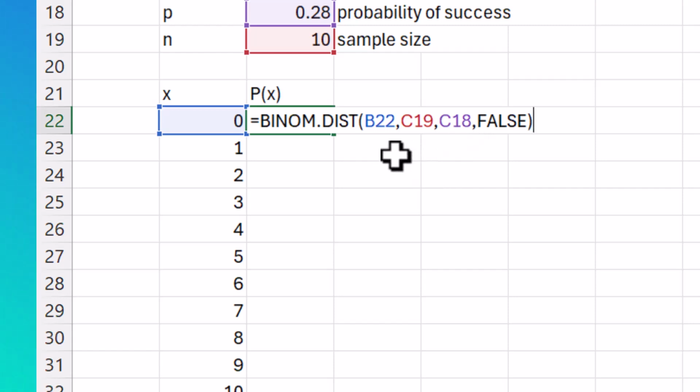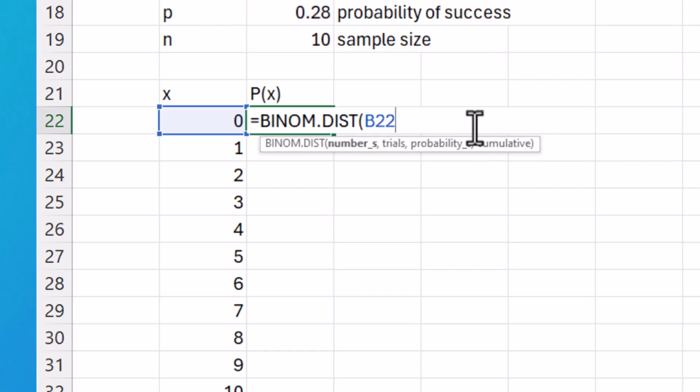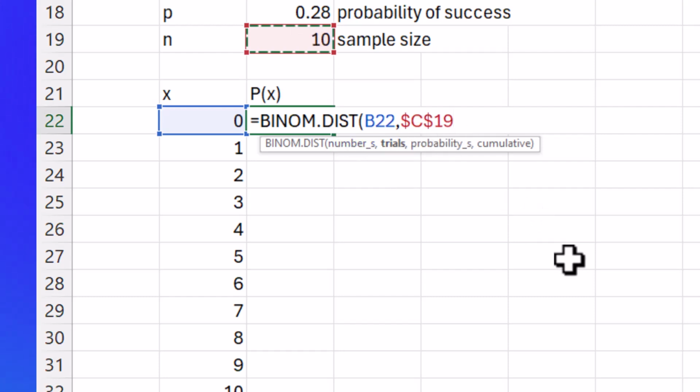Now, I am really lazy and I don't want to type this 10 times. What if you had 100 in your sample size? So what you can actually do, I'm going to back up here and redo this, is this: the number of successes will change, but the number of trials will never change. So if I put dollar signs around that, which I did quickly with the F4 on my keyboard, then when I copy this, it won't change. I don't want the probability of success to change either.